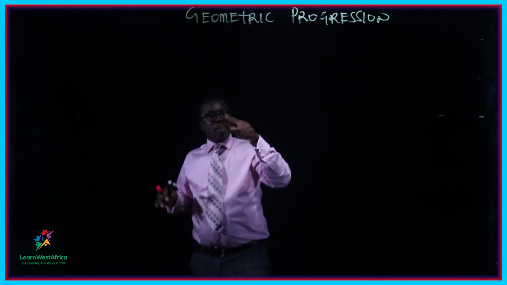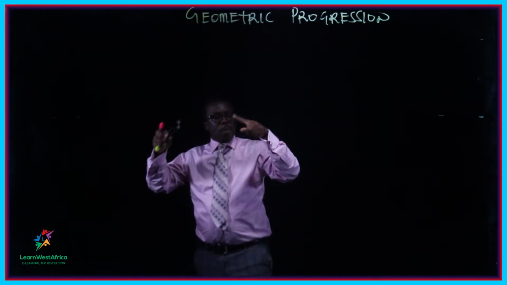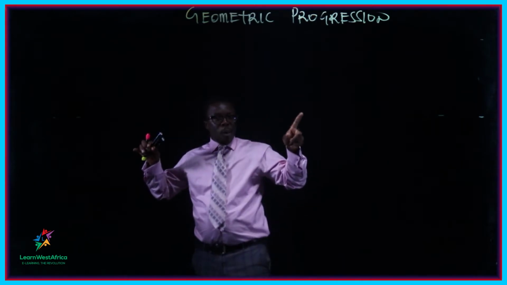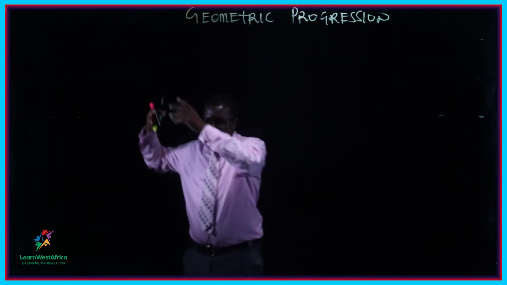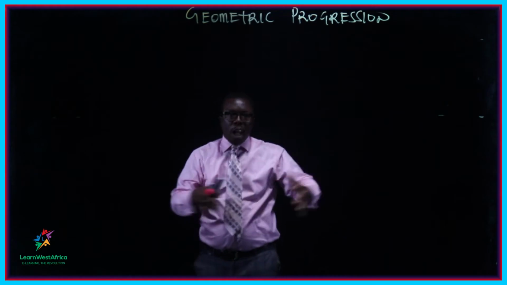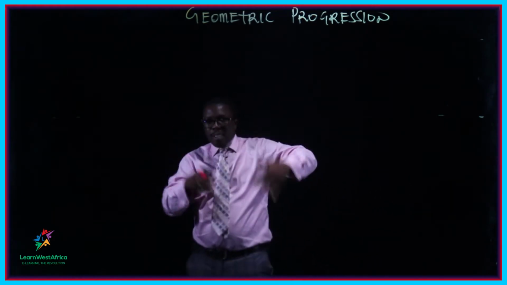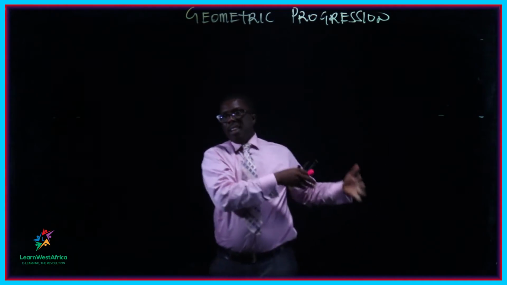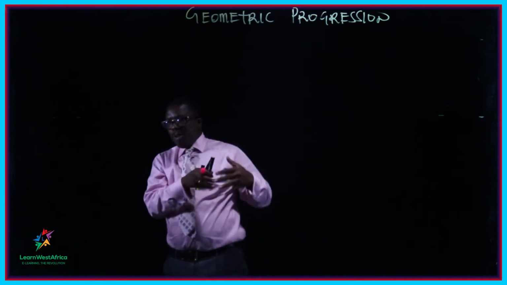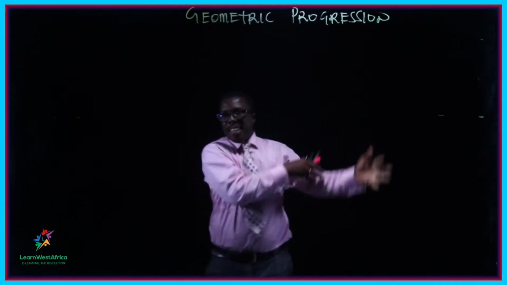Remember that anytime a geometric progression is convergent, the terms begin to reduce as you progress from the first term to the second term and the third term. If there is that consistent reduction in the terms, then the geometric sequence is convergent.